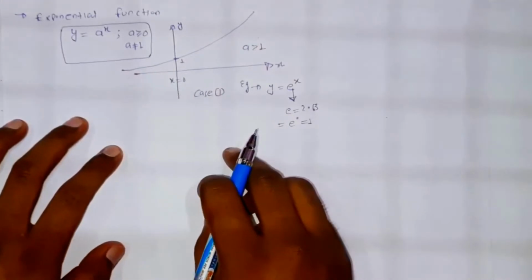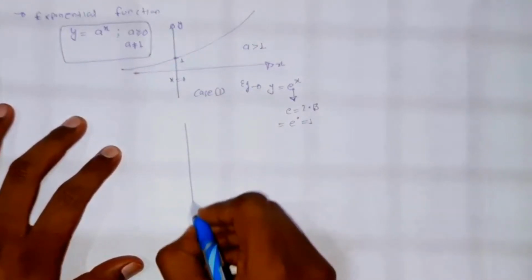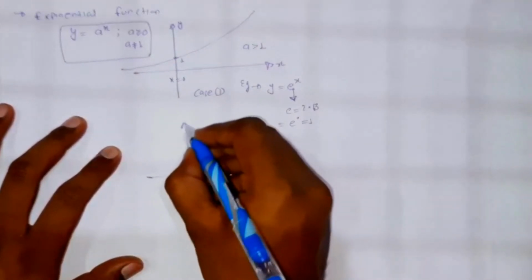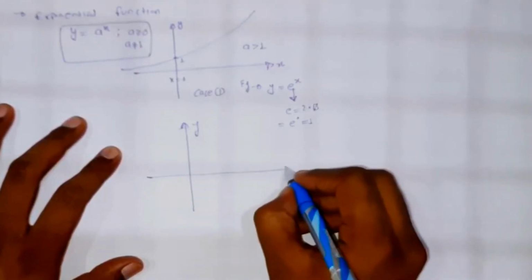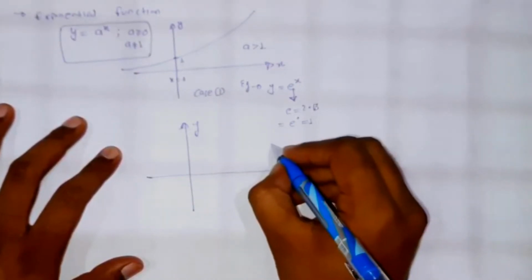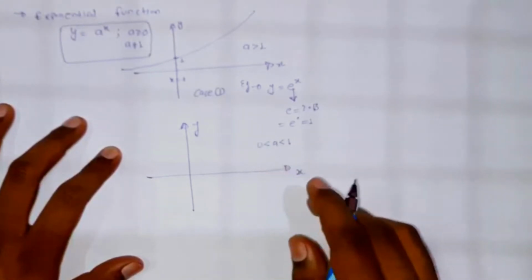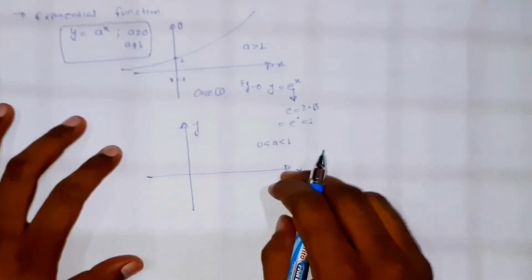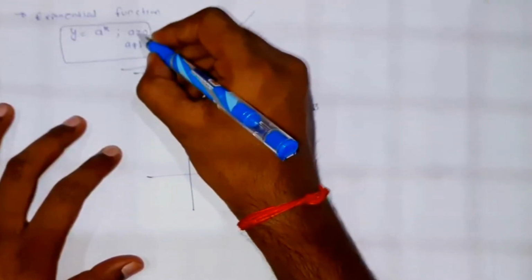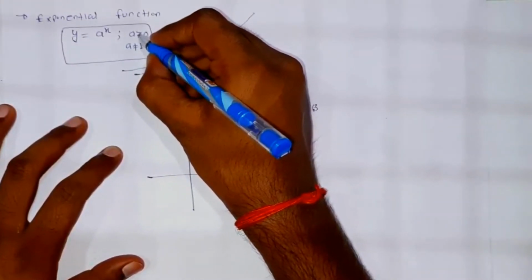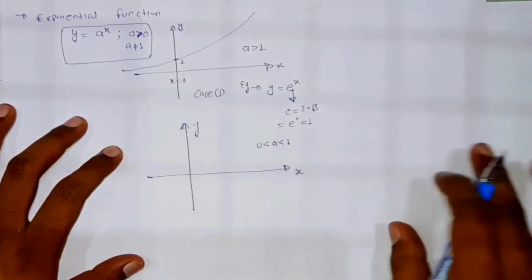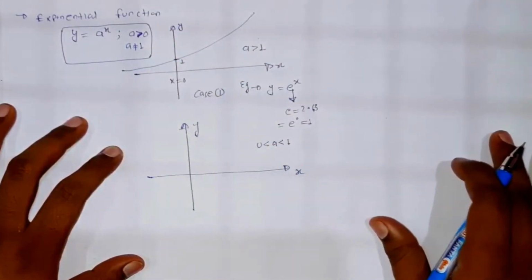Now if I am saying that a is less than 1 but greater than 0, one more thing I would like to correct here: the equality sign should not be there.